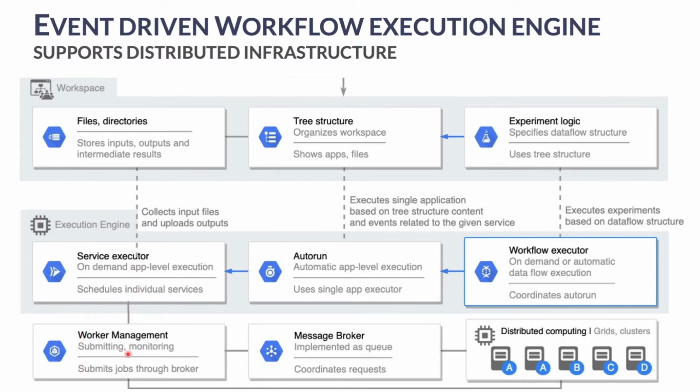Received outputs are added to the workspace, and the user can examine the results. Autorun uses events in the user workspace, such as events about new files and tree structure modifications, to execute a given application whenever the input file changes. Finally, the workflow executor uses Autorun to execute workflows consisting of multiple applications.